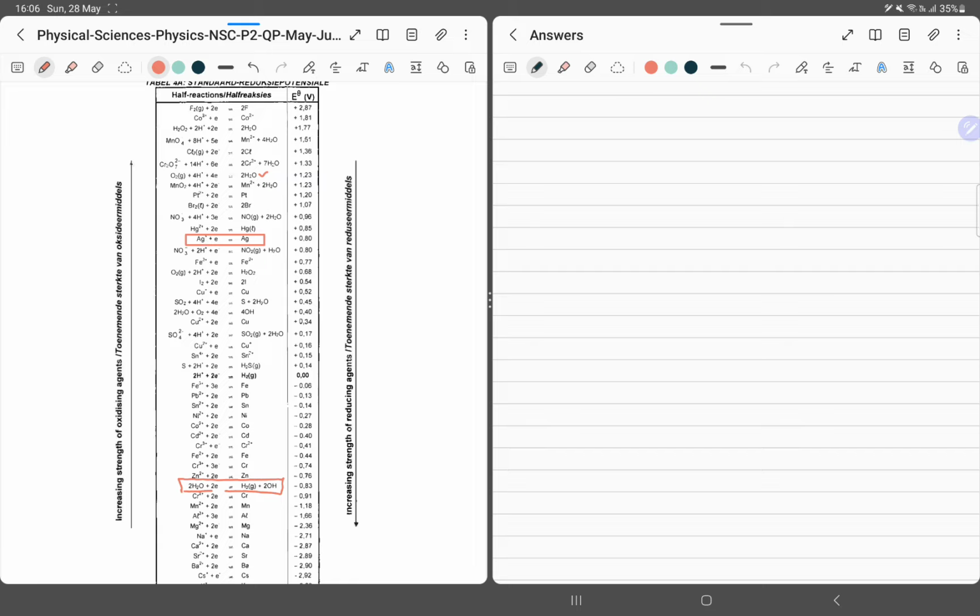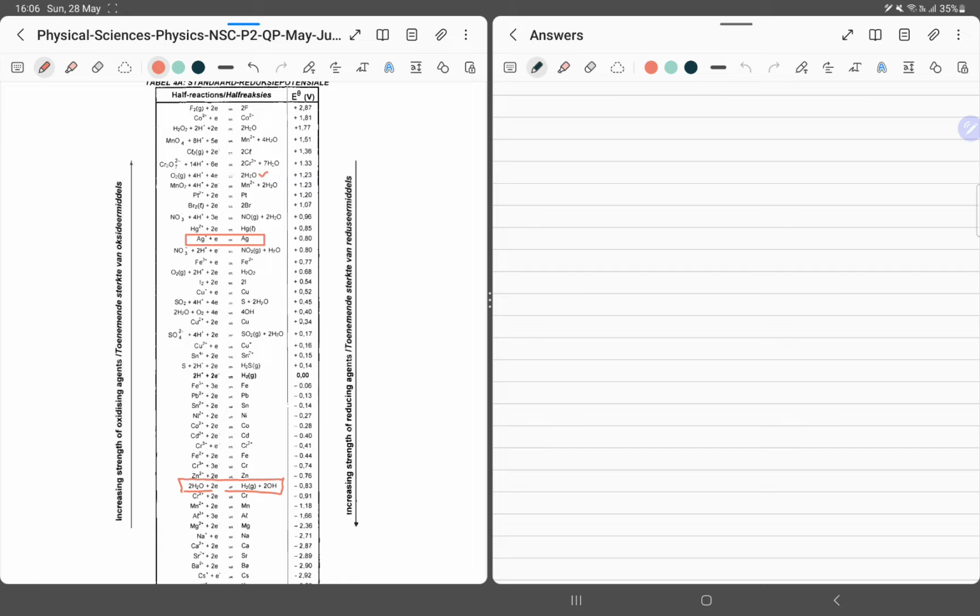But now let's compare and contrast with the sodium. Where is sodium? Sodium is over there. So if you're looking at sodium, sodium can pick up an electron to form sodium, so that is also reduction.